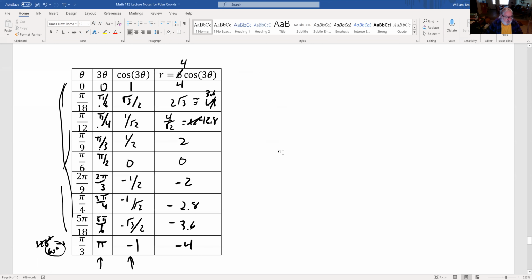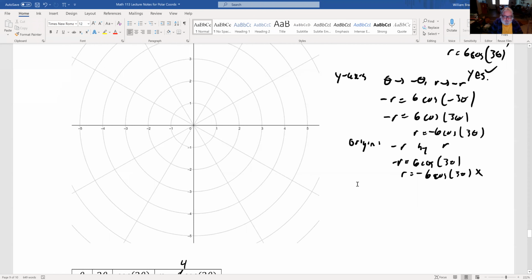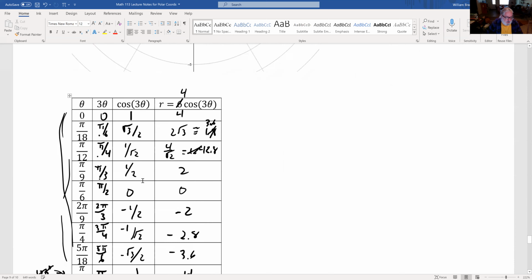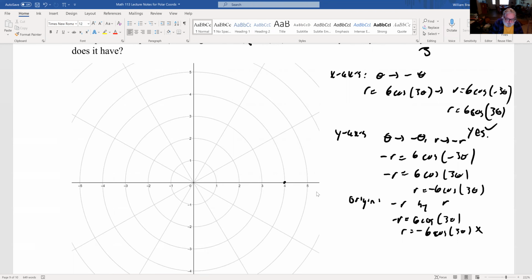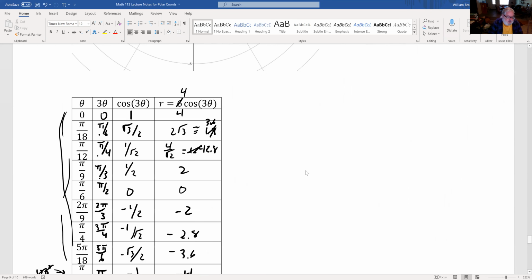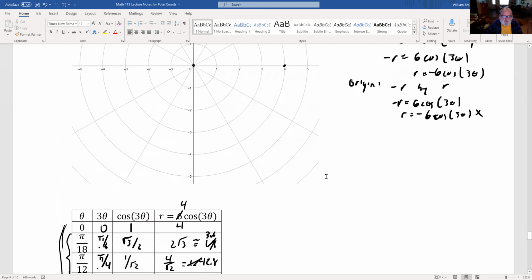Okay, so we're going up to pi over 3, and halfway through we get to 0 at pi over 6. So we're starting out at 4. Right, and then we have to figure out at pi over 6, we're actually back down to 0, which is here. And in between pi over 6, we have these 3 angles, pi over 18, pi over 12, and pi over 9.